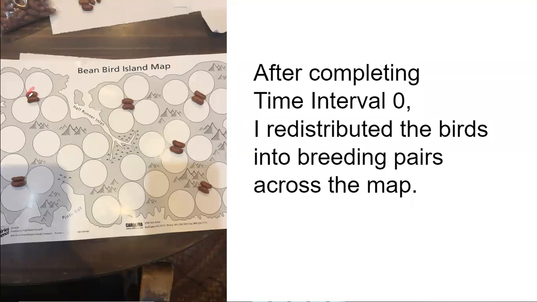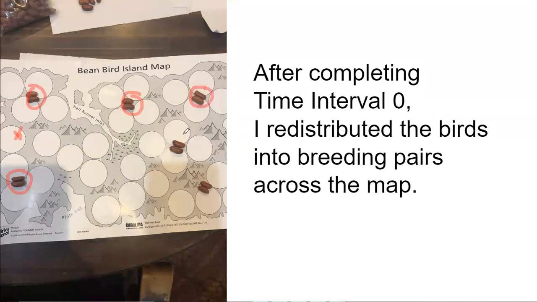So I have this couple in charge of 4 territories, this couple in charge of 4 territories. This couple, it looks like they're only in charge of 3 because they're kind of in the center of the 3. The other territory is right here. And I wouldn't necessarily say that that's close enough, so I just said that this couple that I just circled was in charge of the 3.